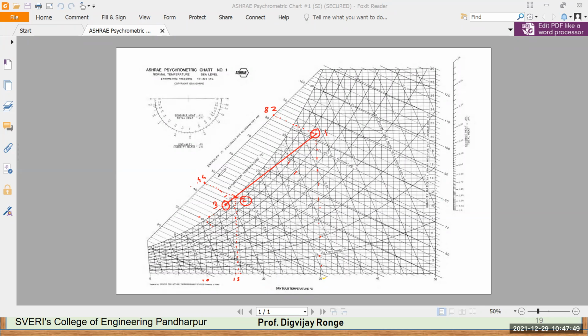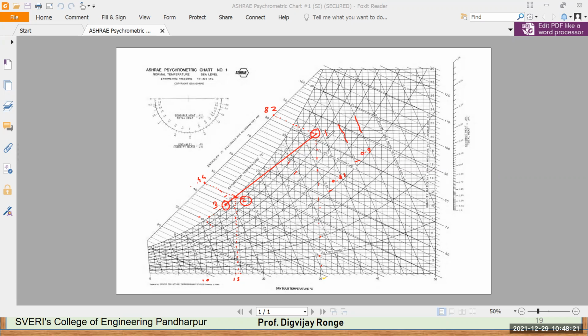Now I can easily calculate the cooling capacity of the coil. Again, for calculation of mass flow rate, I need to know the specific volume at 0.1. So see, this is 0.1 here, right? And these are the specific volume lines, these vertical lines, sorry, not inclined lines. The value here is 0.9, then this corresponds to 0.88 meter cube per kg.